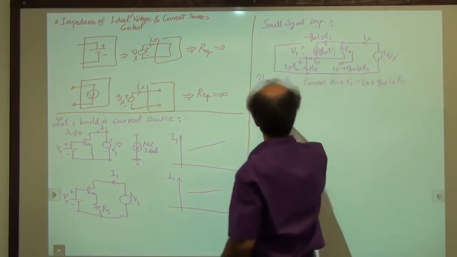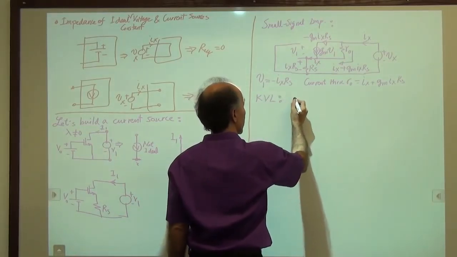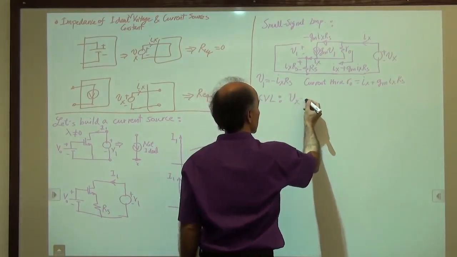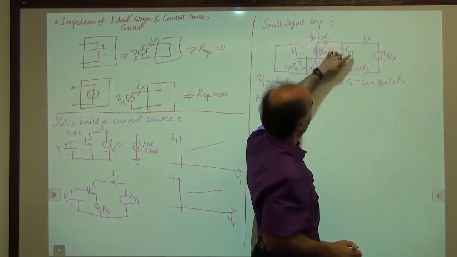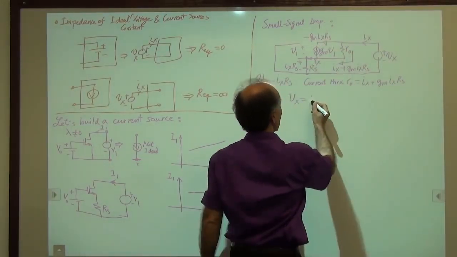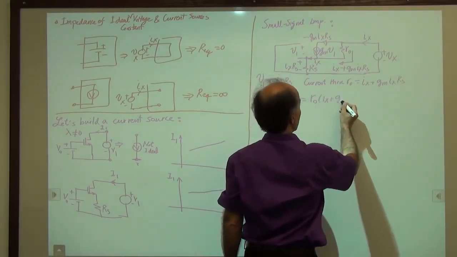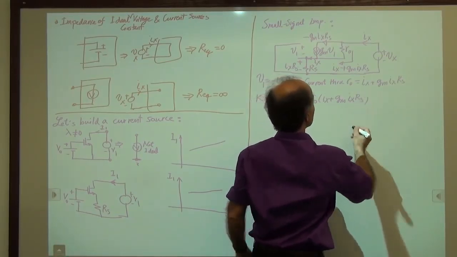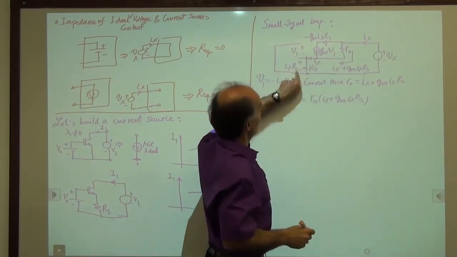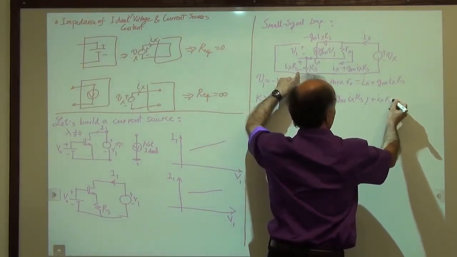So Vx is equal to RO times Ix plus gm Ix times RS, and then this voltage, which is Ix times RS, plus Ix times RS.